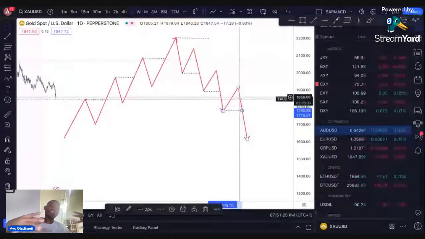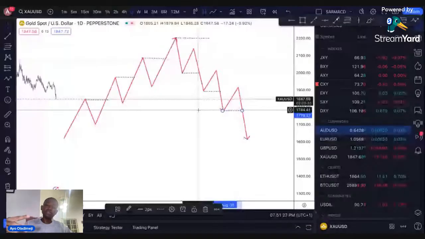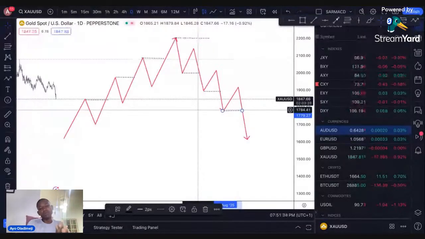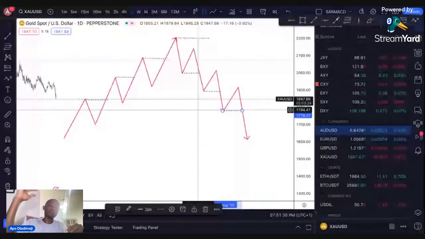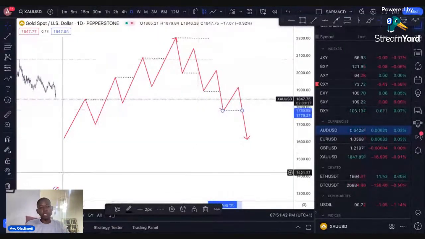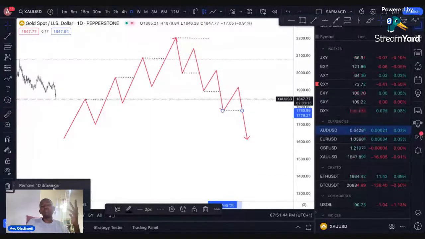So when you see a series of lows being broken in the market, it signifies a downtrend. And when you see a series of highs being broken, it most likely indicates a bullish trend. But like I said, what establishes the trend is the activity of price over a period of time.